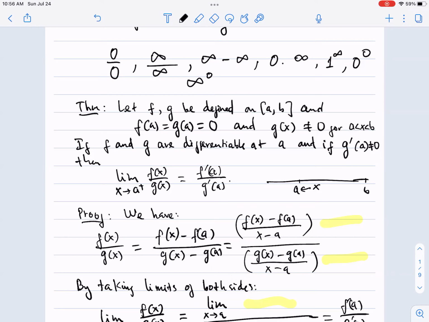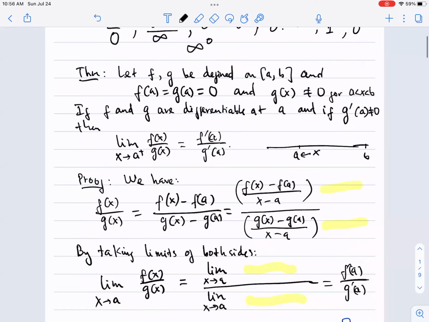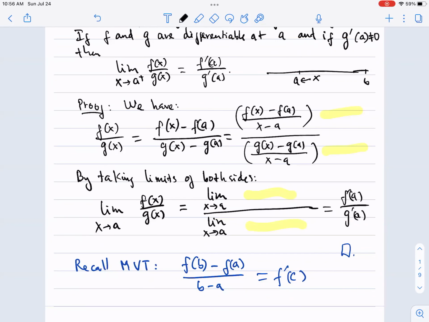If f and g are differentiable at a, and if g prime of a is different from 0, then we have the limit when x approaches a plus of f(x) divided by g(x) equal to the derivative of f evaluated at a divided by the derivative of g evaluated at a. So in other words, the limit of the quotient of these two functions is equal to the quotient of its derivatives.